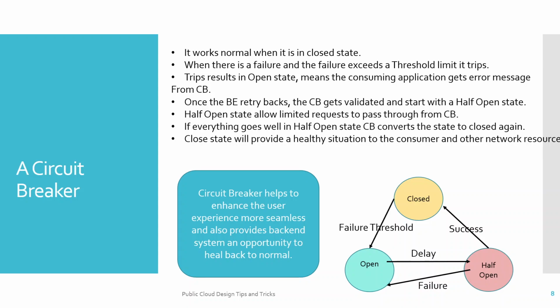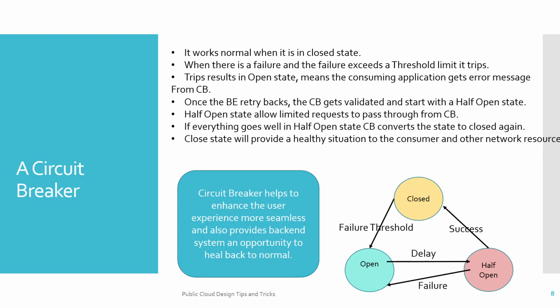So what will happen? The client application keeps on requesting the backend services, and the backend services do not provide any response, or there is a failure for a certain limit of time. Then the open state is created. That is called open state.